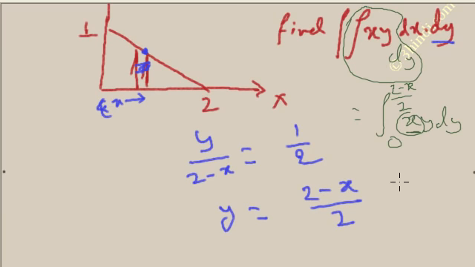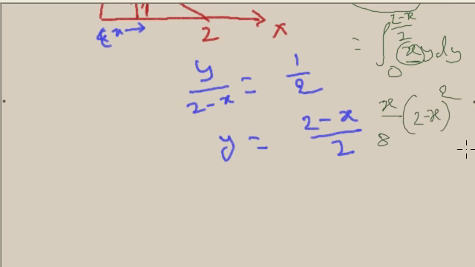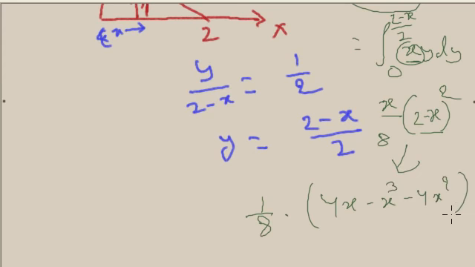So you will get x by 8 into (2 minus x) whole square. If you expand this, you will get 1 by 8 into (4x minus x cube minus 4x square).